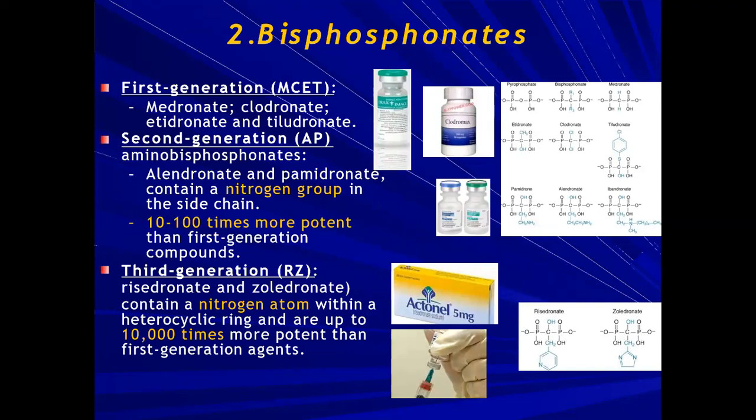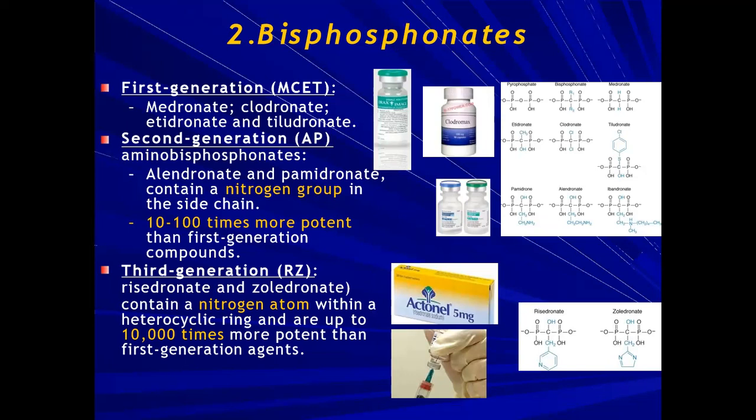So another molecule is what is called phosphorus, and this one is the bisphosphonates. There is a first generation of bisphosphonates, and the molecules in the market are etidronate, clodronate, and tiludronate.